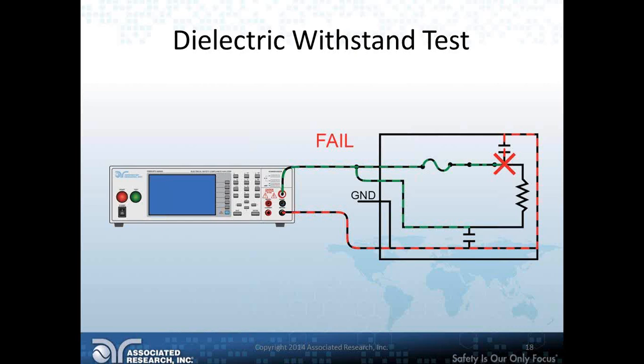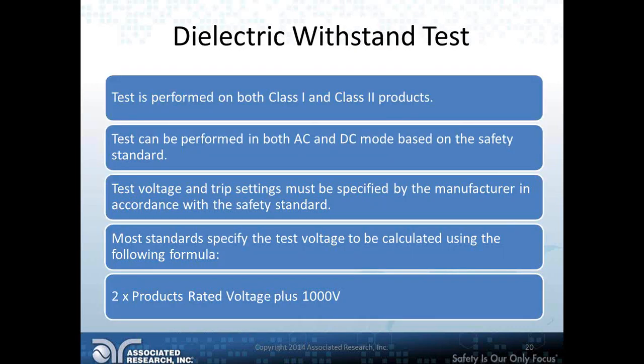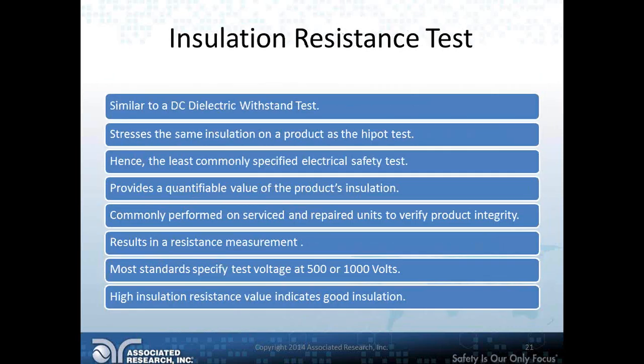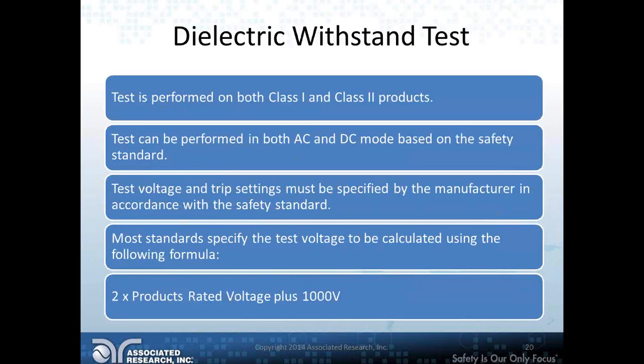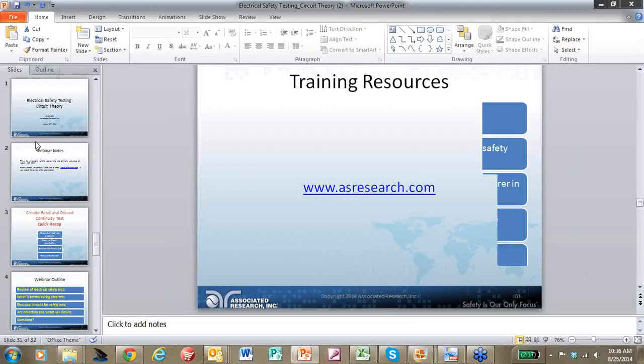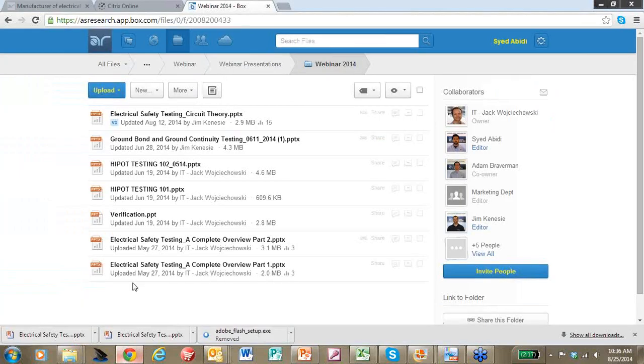They should know what to set for their failure settings for each test. And yeah, so this is the high pot test or the dielectric voltage withstand test. And real quick, we're going to take a look at a video.